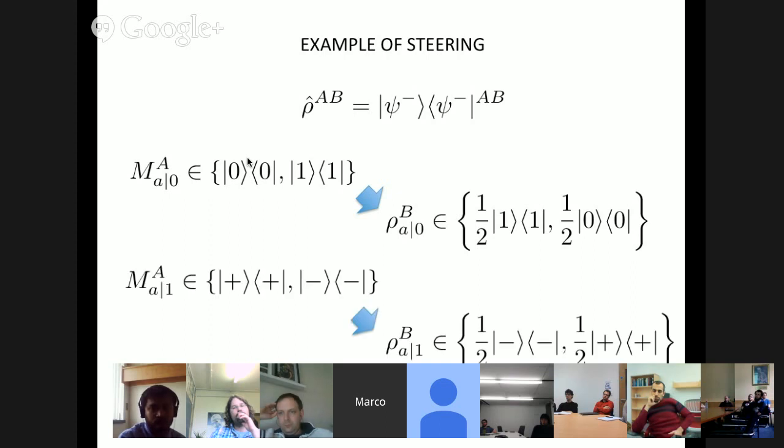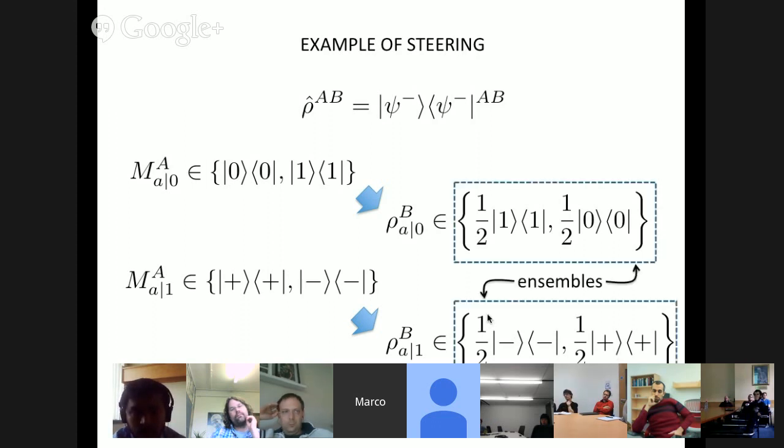Another choice of Alice for the measurement could be that of measuring in the plus-minus basis, and this will lead to very different conditional states on Bob's side. These two sets are ensembles for the reduced state of Bob that, as you know, for the case of the singlet, is the maximally mixed state.